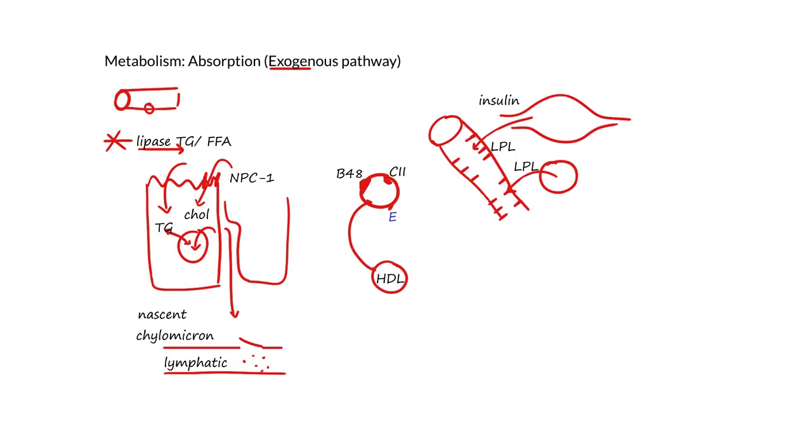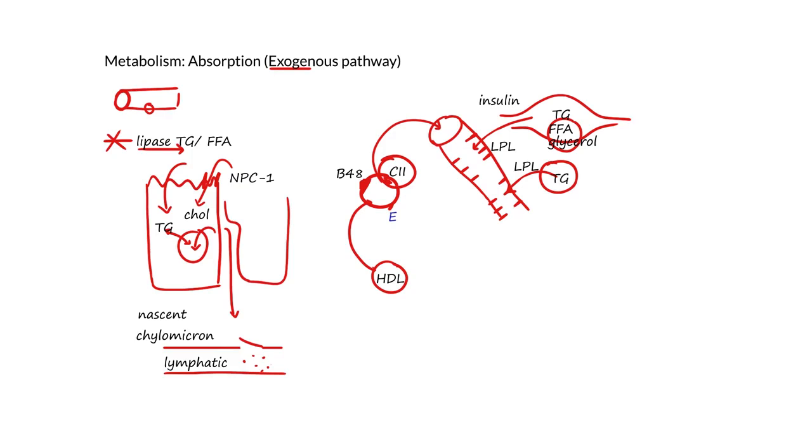So now when our particle comes through, C2 is going to activate that. Lipase is going to break it into triglycerides of free fatty acids and our glycerol, and that's going to be taken up by our cells and stored as triglyceride.